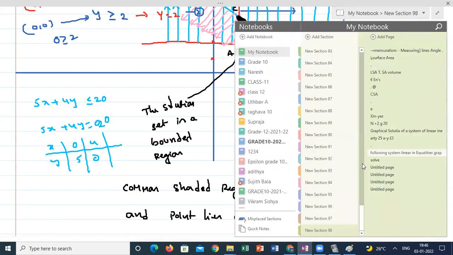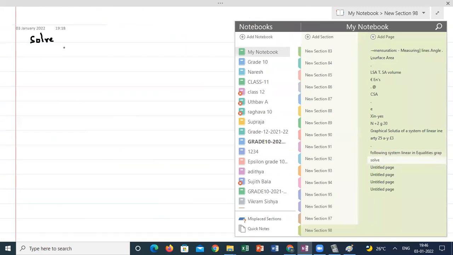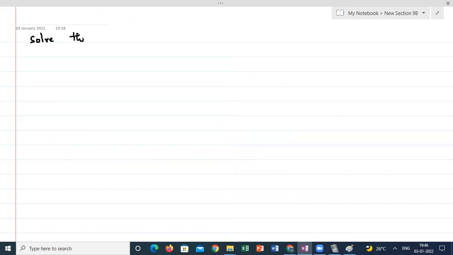Now see another question. Solve the following system of inequalities graphically.